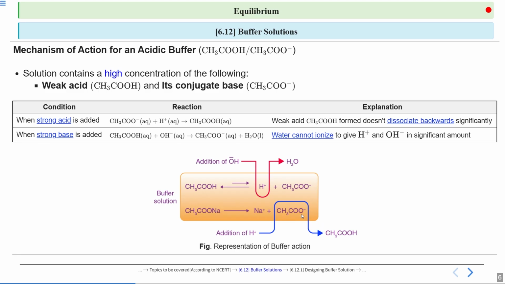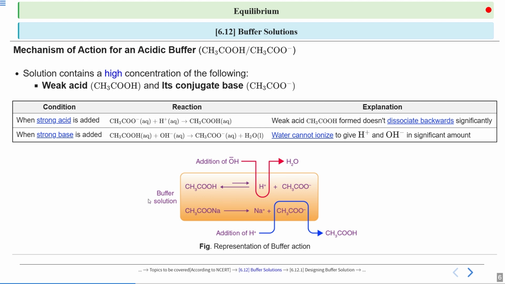So basically, your weak acid, which is present in the solution, is acting as a resistant for the base addition, whereas your acetate ion, which is the salt part, is acting as a resistant for the change in pH due to the H plus.